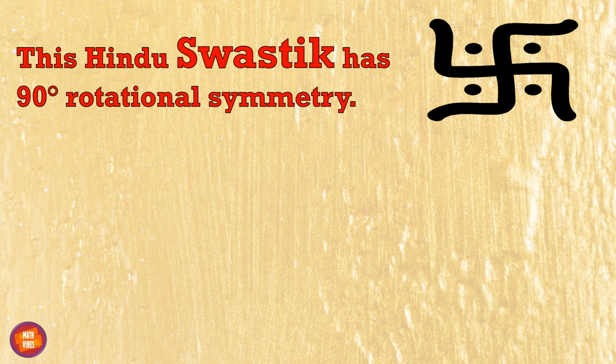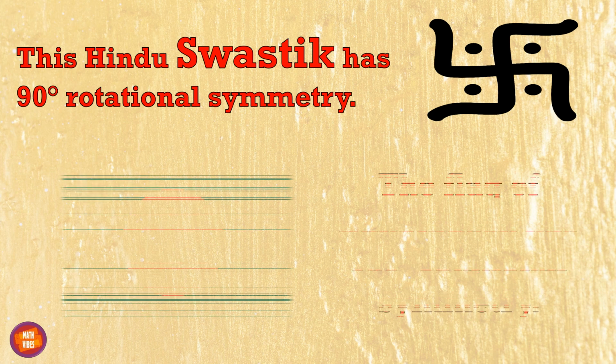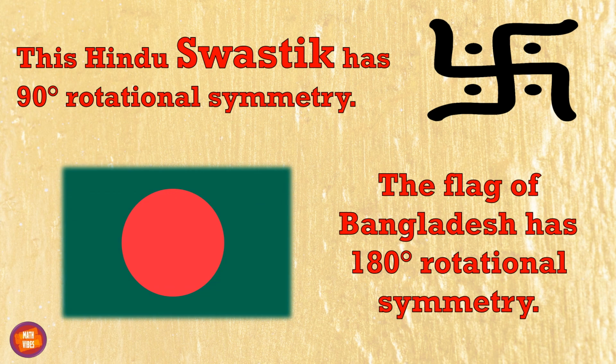See, in this video we have discussed many examples from real life situations, which we commonly use and commonly see, and they have rotational symmetry, starting from the ceiling fan, table fan, and then windmill, paper windmill, this swastik, and there are many more mathematical figures you already know. So this swastik has 90-degree rotational symmetry. Also, the flag of Bangladesh has 180-degree rotational symmetry.